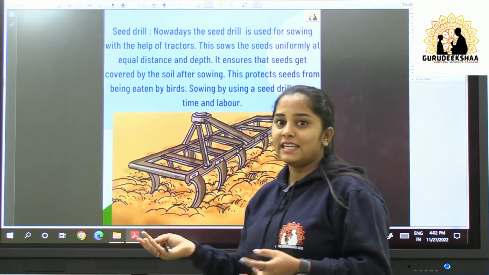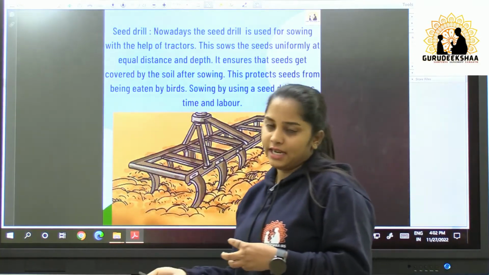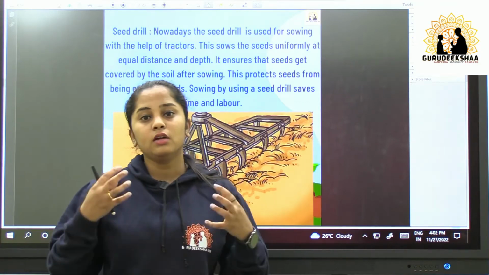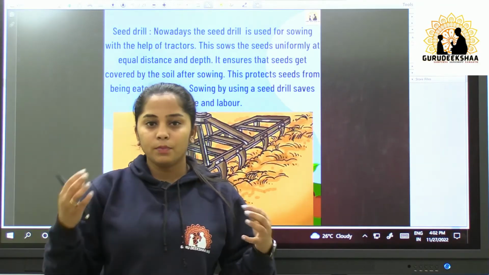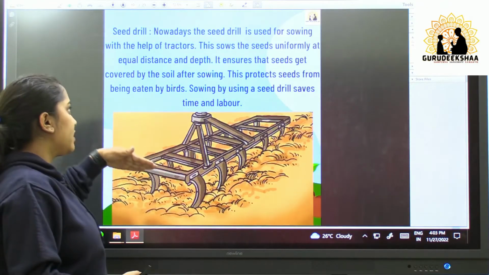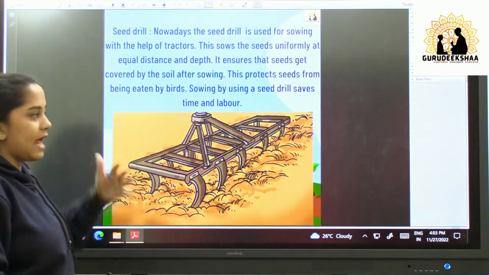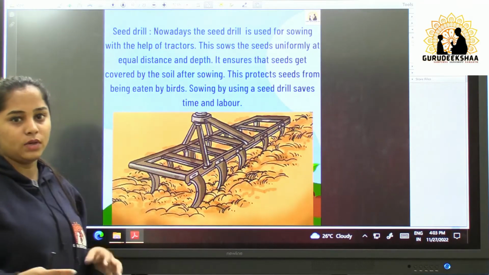Next, the seed drill is what is used nowadays. That was the ancient times, when those funnels were used for the sowing of seeds. Coming to recent days, seed drills are used. Nowadays the seed drill, which is pulled by tractors, sows the seeds uniformly at equal distances.